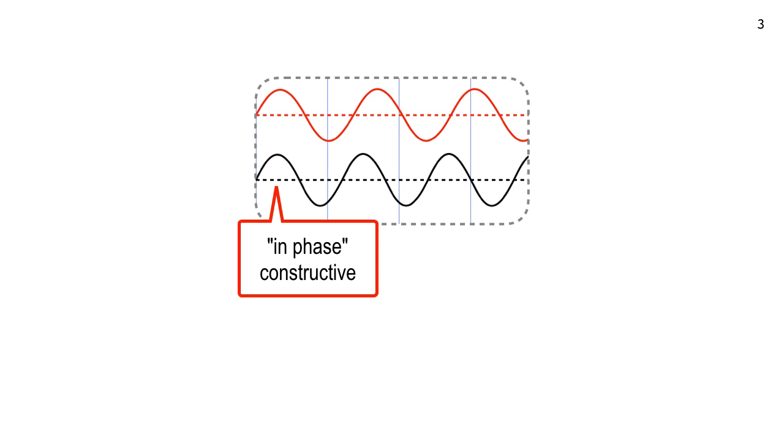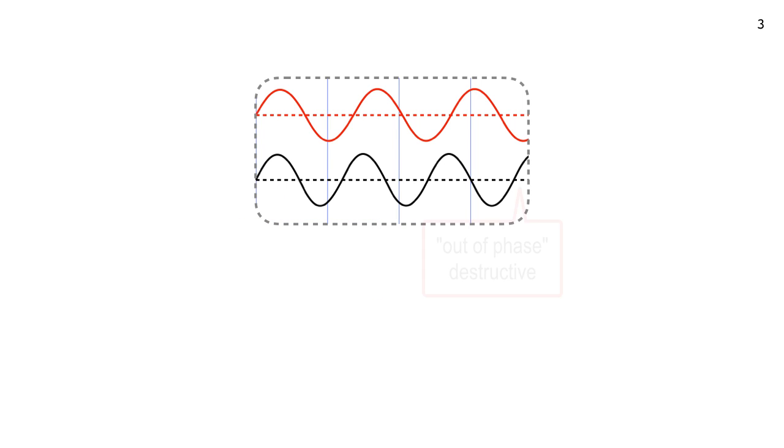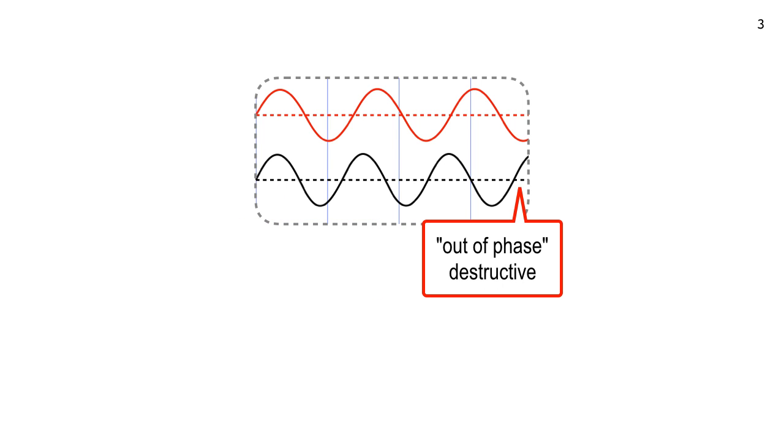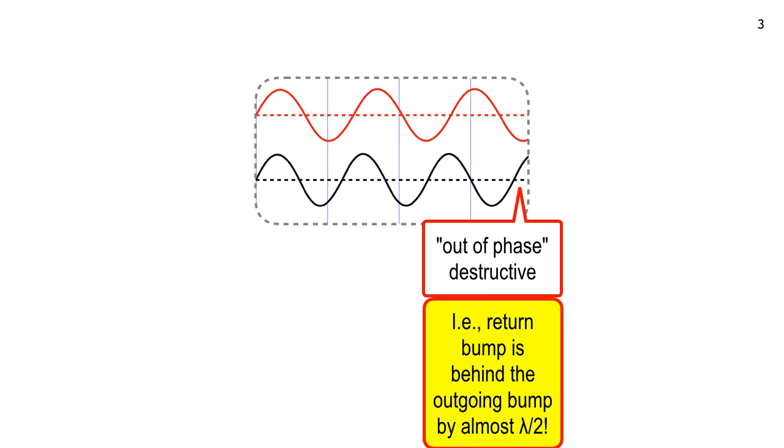All right. Now, a little bit further down the line, you're going to have out of phase. Now, that one, your bump is almost overtaking the dip. All right. So it's almost dip to bump. In other words, destructive. It's out of phase, that's the fancy phrase.